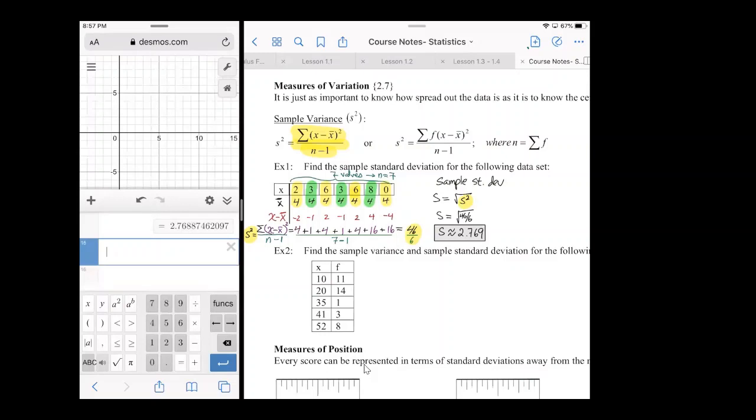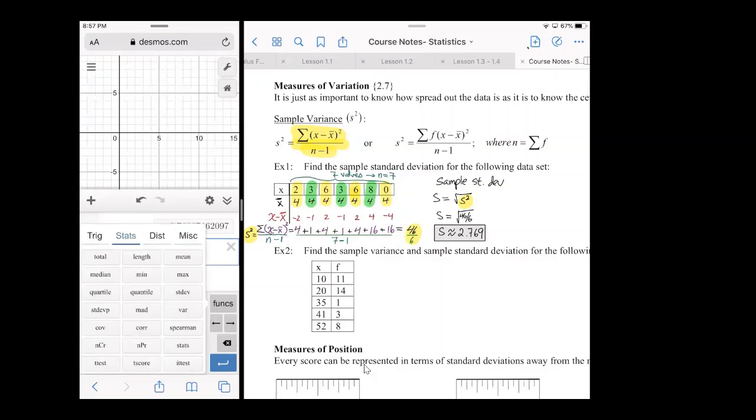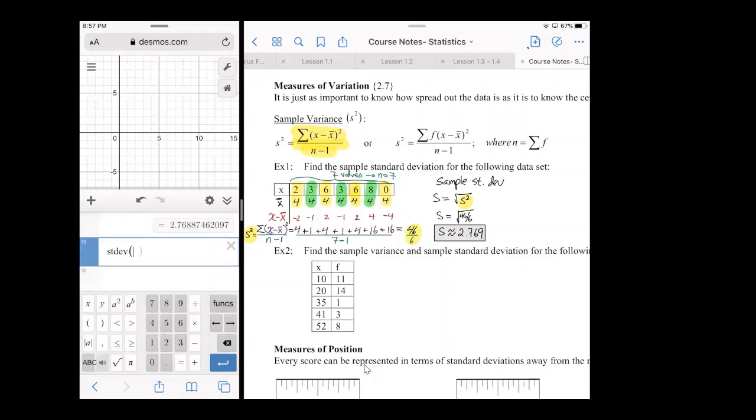We're looking at a sample standard deviation, so the one that doesn't have a P on it is the one we want. And just like we did before, without the frequency table stuff, it's just a raw list.